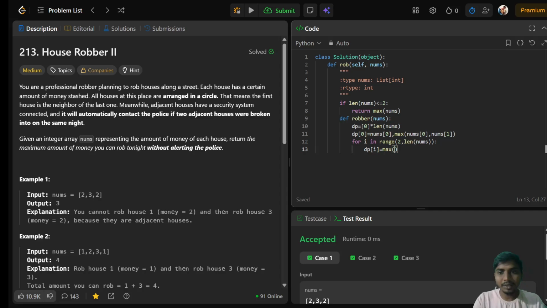At the particular house we can add the amount at that house to the amount stored in the DP array for the house before the previous, that is i minus 2, and we will also compare it with the maximum amount in the previous house. We'll check the last two houses and take the max.